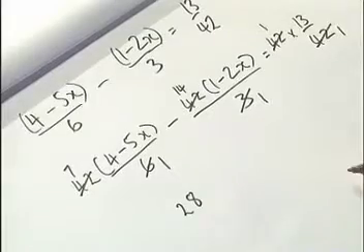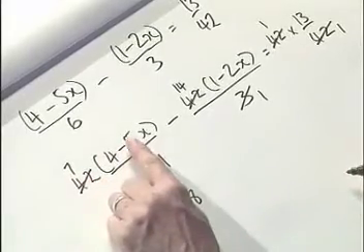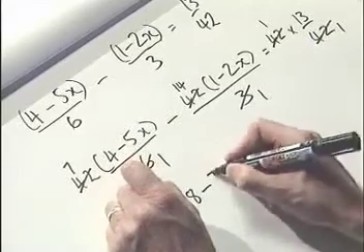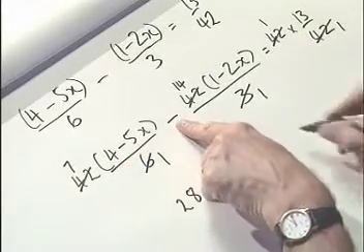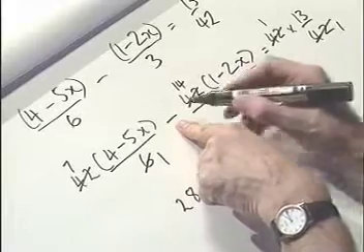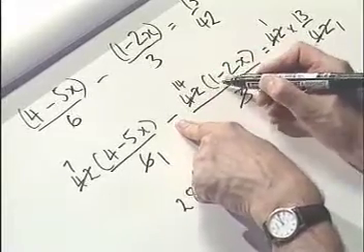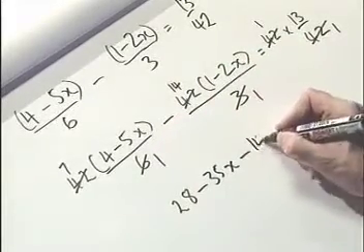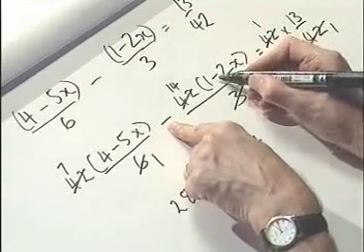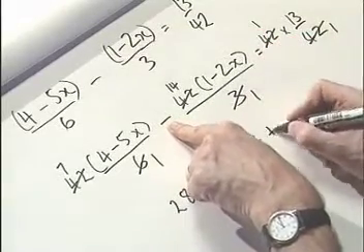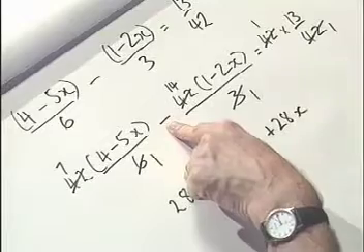So 7 times by 4 gives us 28. 7 times by minus 5 gives us minus 35x. Now here we have a minus sign and a 14, so it's minus 14 times by 1, minus 14. And then it's minus 14 times by minus 2x, so it's plus 28x.